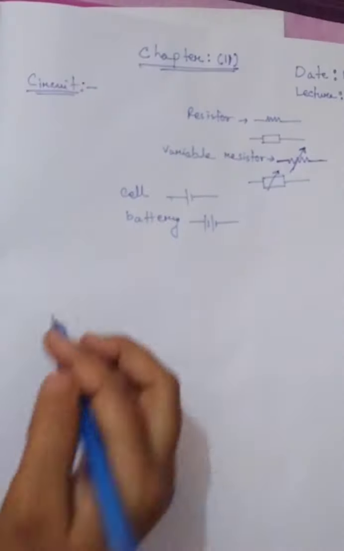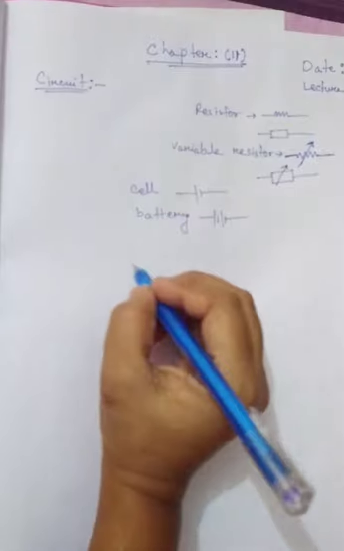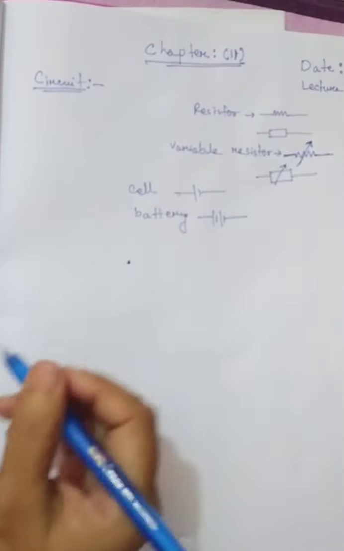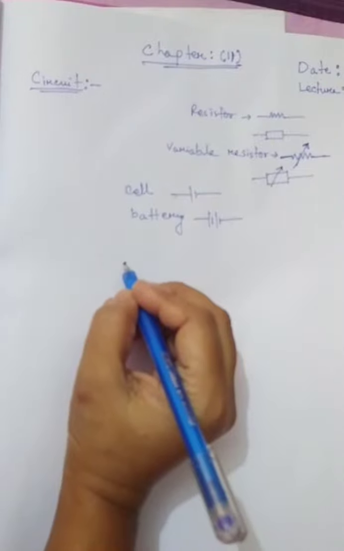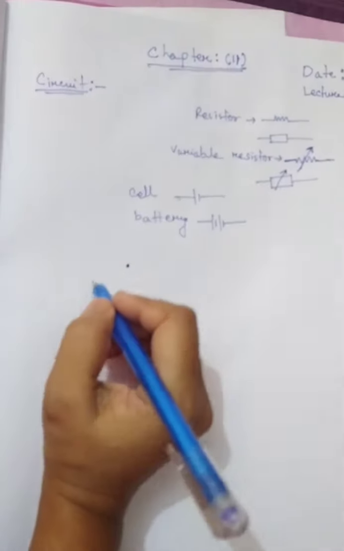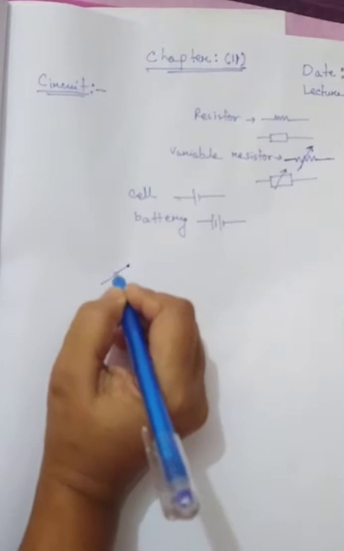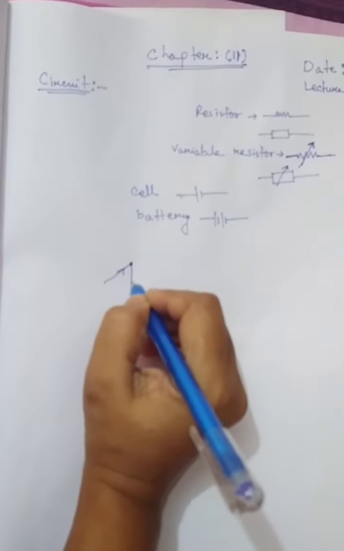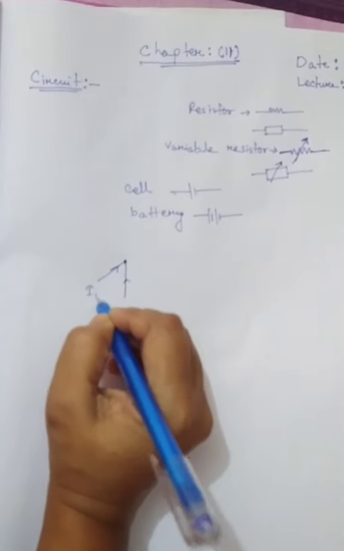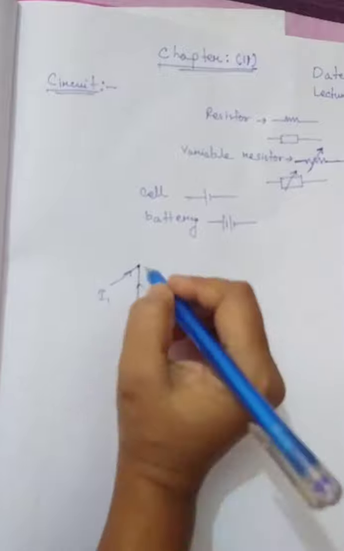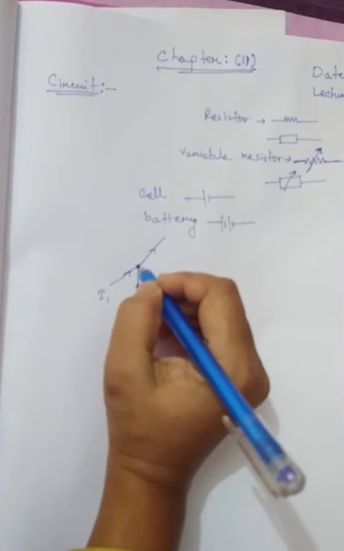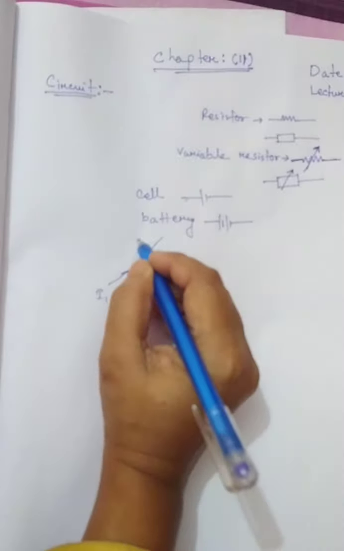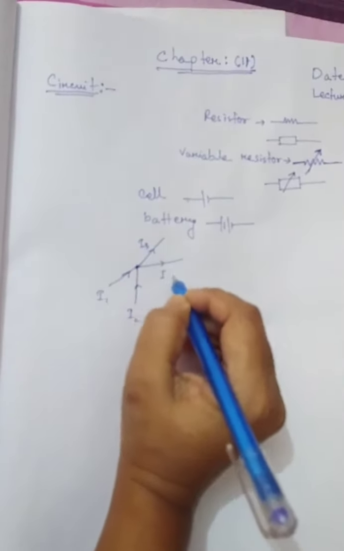What is meant by this point? For example, if we assume a single point of a circuit, the amount of current entering into this point, for example I1, I2, and the amount of current leaving this point, for example, are I3 and I4.